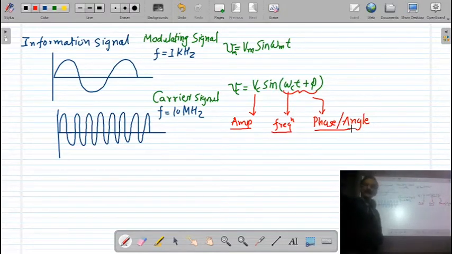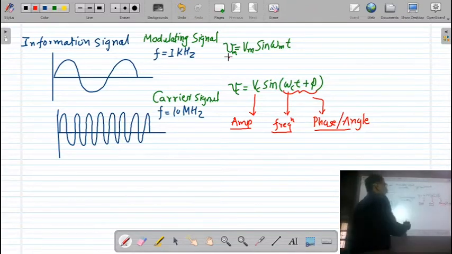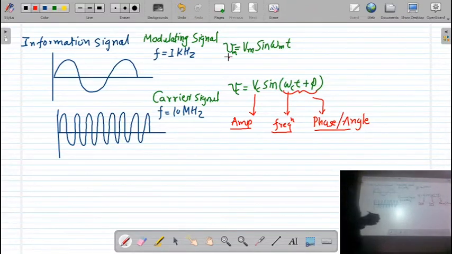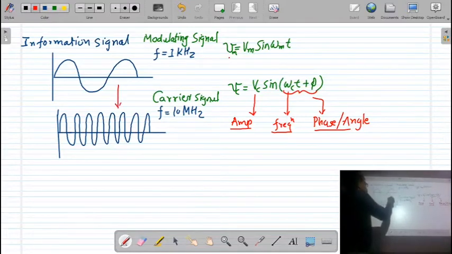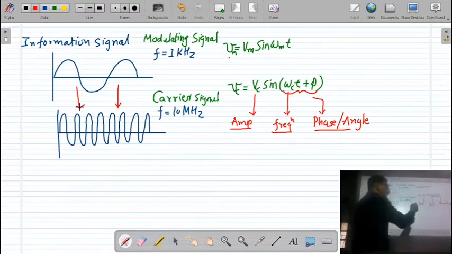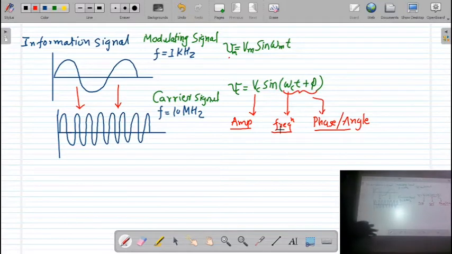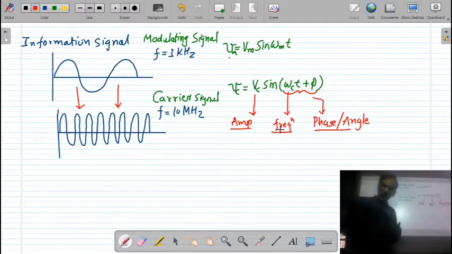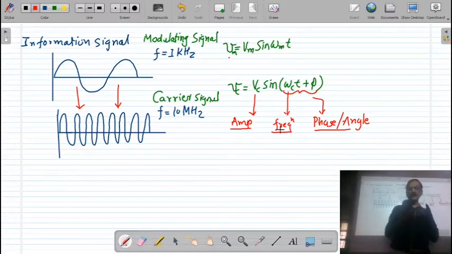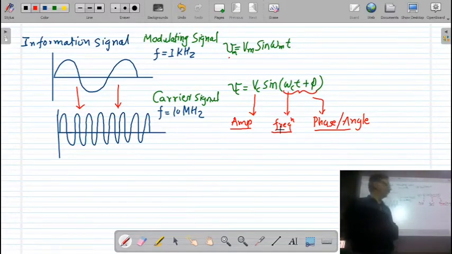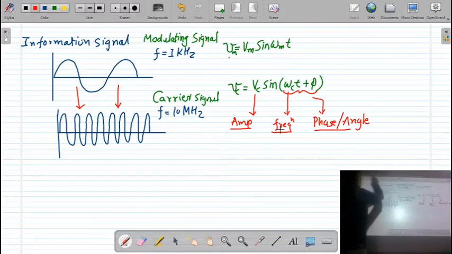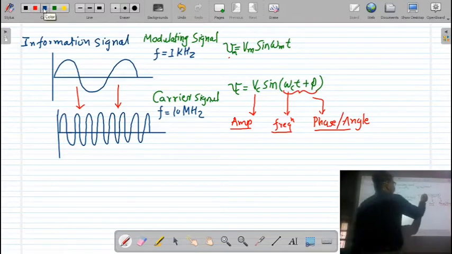Now, in modulation, whenever your low frequency is going to be superposed on this high frequency, one of the characteristics you have to change: either the amplitude, the frequency, or the phase, and accordingly we have different types of modulation.